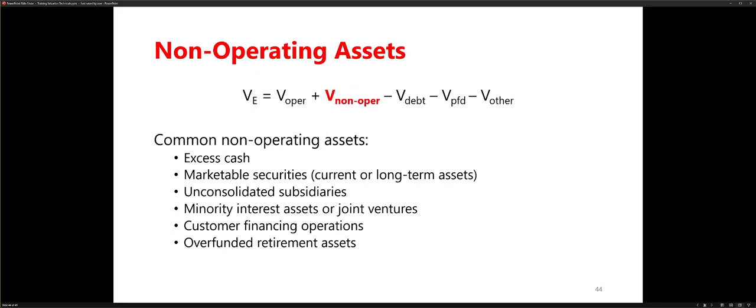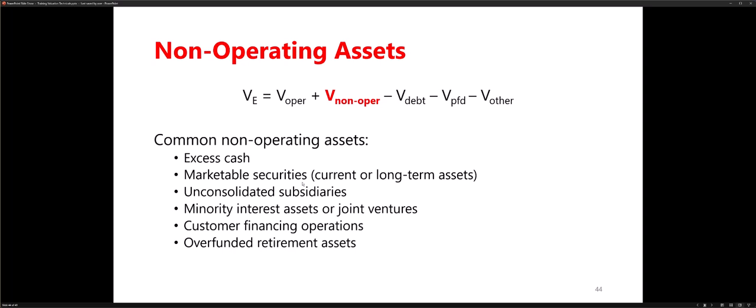So, what does value of non-operating assets mean? What does it include? Well, you have your excess cash, right? A part of your cash, remember, around 0.5% to 2%, perhaps, is needed to run your business, your normal cash. Your cash on the balance sheet minus your normal cash would be your excess cash, which is right here.